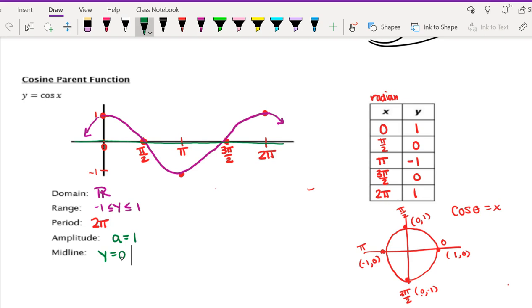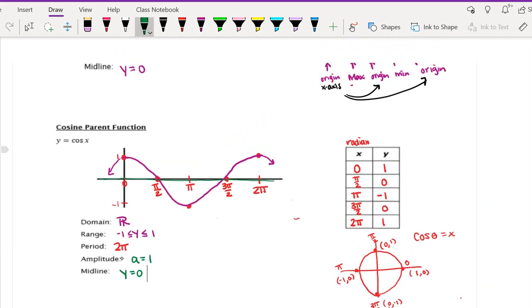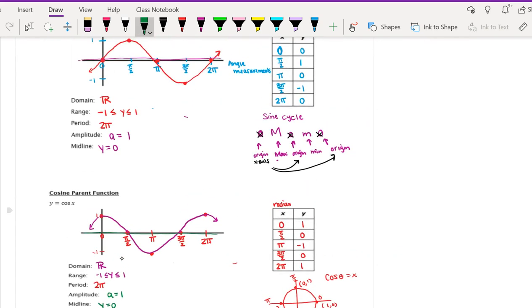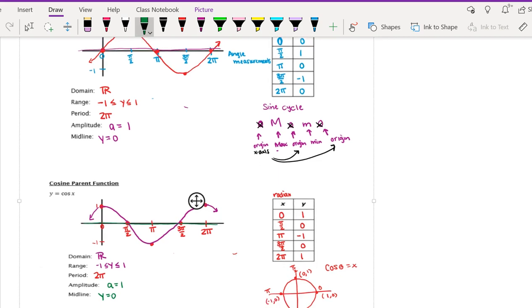So sine and cosine are very similar in their parent functions. They both have this kind of go down and then up and then down and then up, this periodic pattern. And so what we're going to do throughout the unit is take a look at these functions and then shift them and transform them just like we did all of our other functions. Okay? All right.